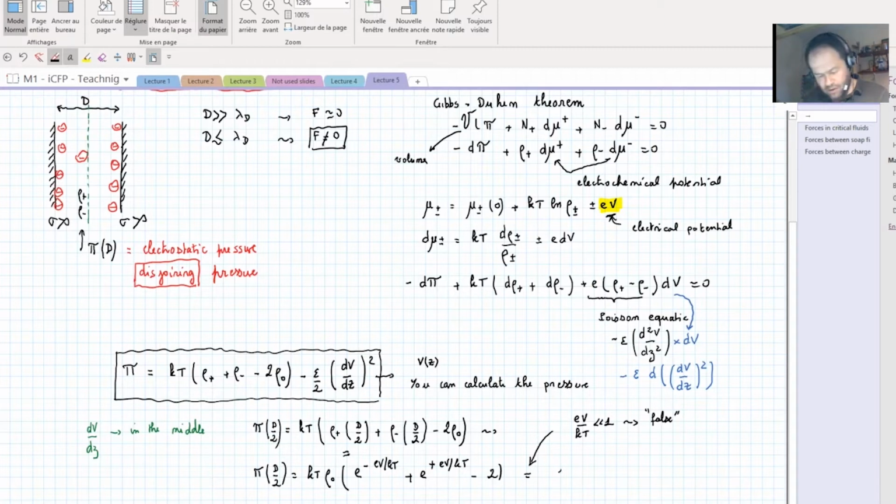It will be rho 0 e square V square over k square T square times V square of d over 2. Okay, and we shall have something like that for the pressure between the two surfaces.